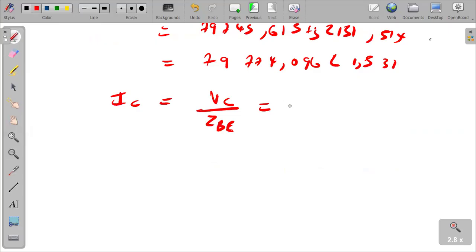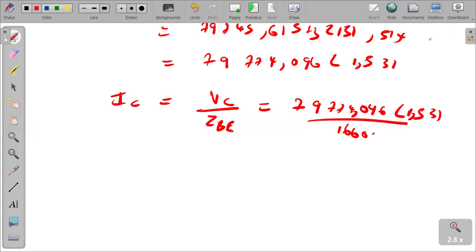So VC, 79,774.096 angle of 1.531, divided by ZBE, 1600 angle of negative 90, gives us 49.859 angle of 91.531.